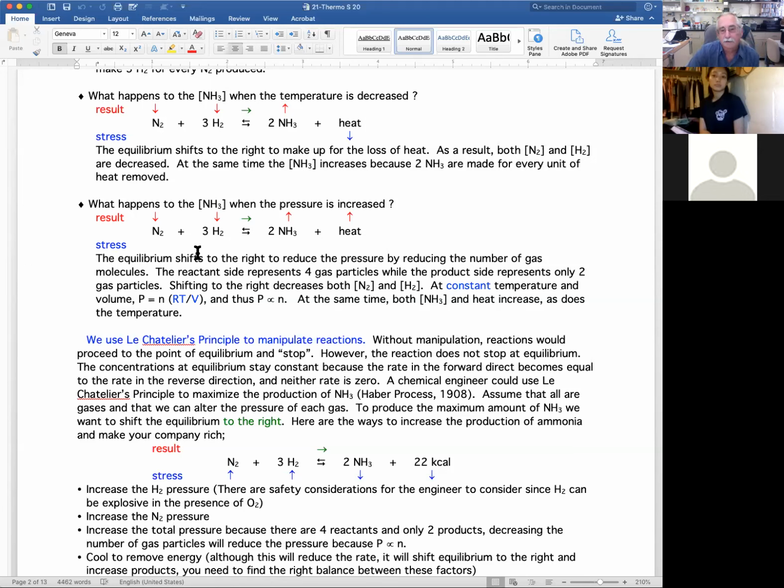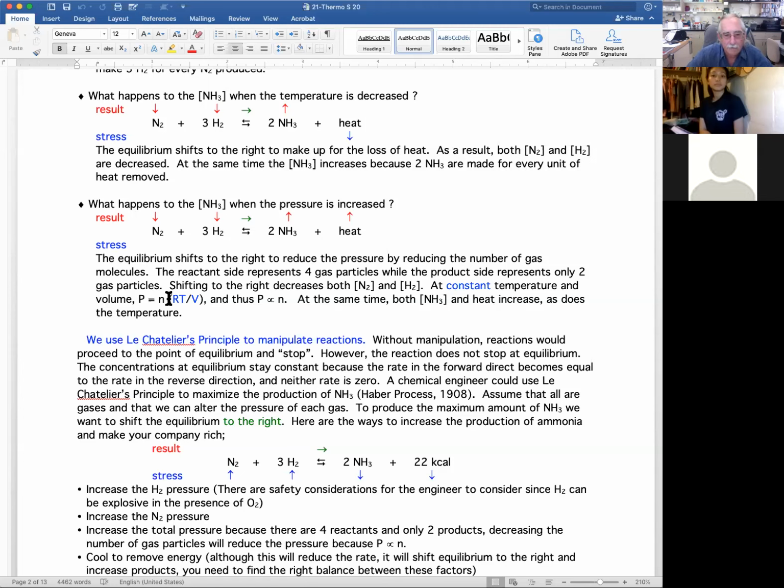This one is a little bit more esoteric. What happens to the ammonia concentration when the pressure is increased? So the stress is that the pressure is increased. Now, we already stated that these were all gases, right? So if you increase the pressure, it's going to try to counteract that by decreasing the pressure. So what do we know about PV = nRT?